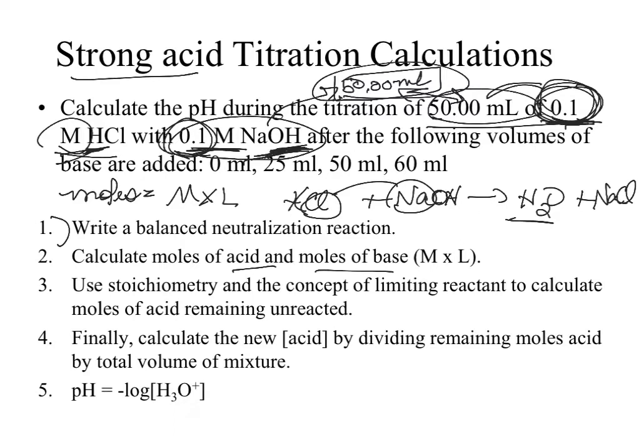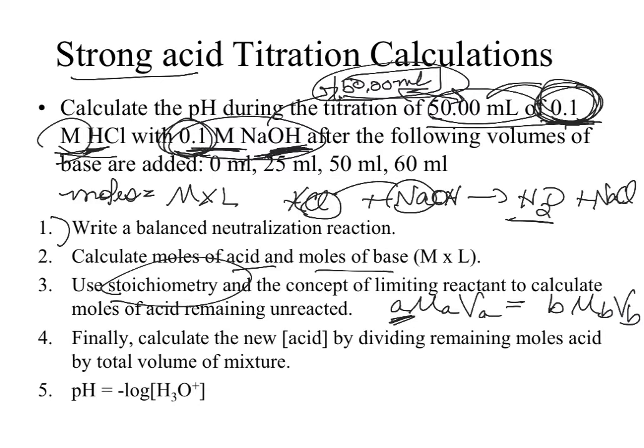Again, you have to do stoichiometry, so keep the mole ratio in mind. Anytime you have a chemical reaction, you need to account for mole ratio. Now, if it's just a dilution, there's no reaction and you don't have to worry about mole ratio.